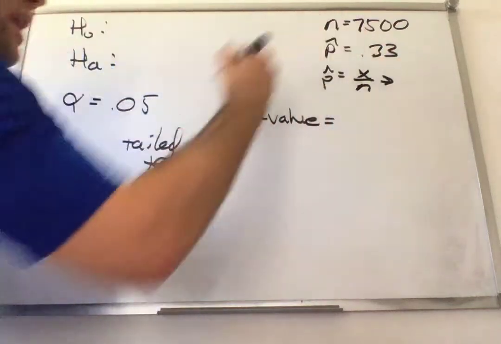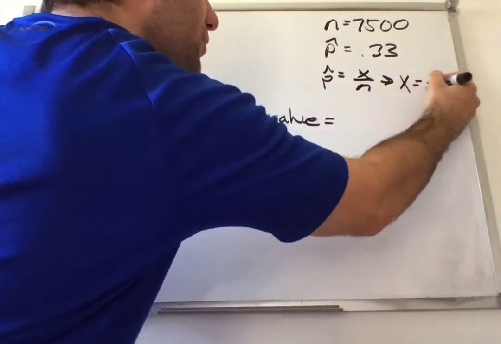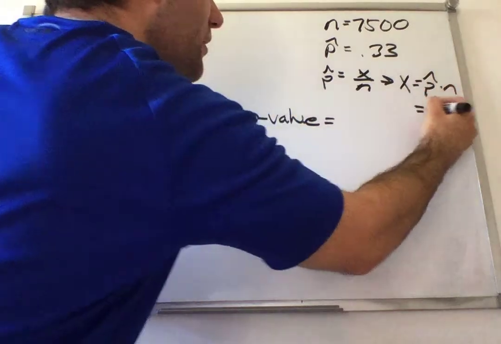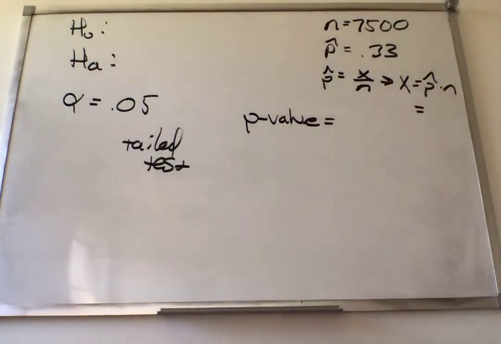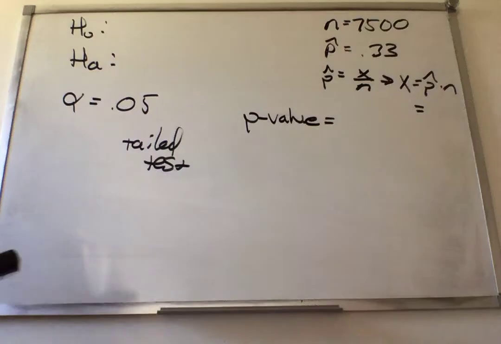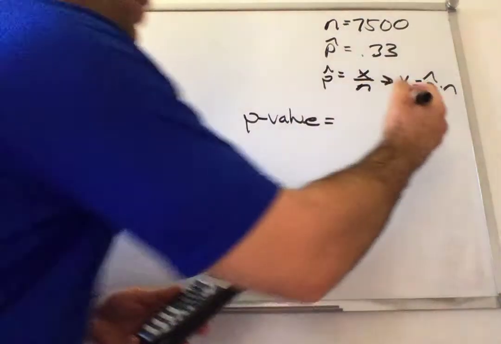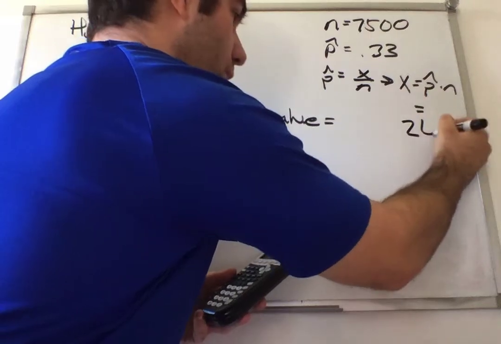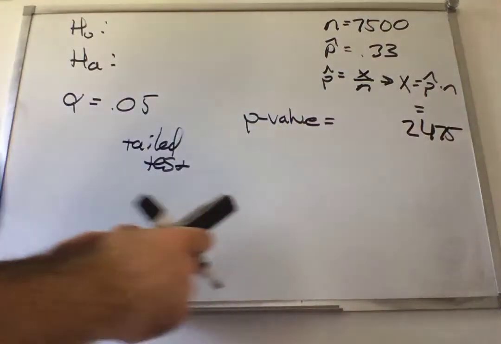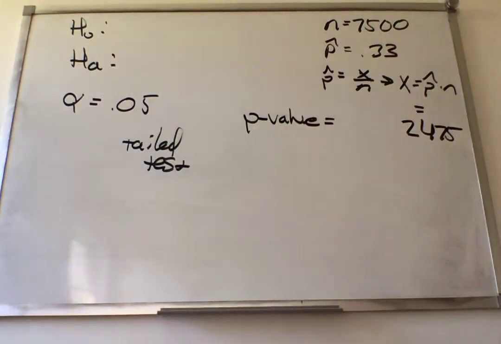If you multiply both sides by n, x is equal to p-hat times n. So 0.33 times 7,500, you get 2,475.